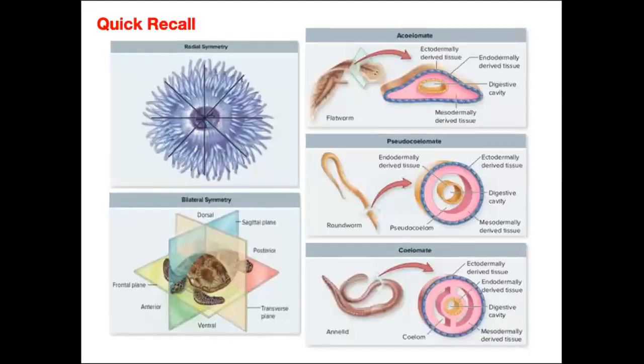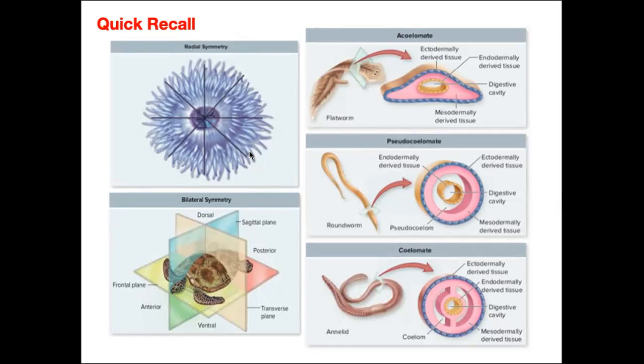So yung first part ng lesson natin on animal diversity, we talk about the salient features of animals. So dapat alam na natin yung pinagkaiba ng radial versus bilateral symmetry. Okay? Radially symmetrical animals, say for example, yung sea anemone natin dito, these are animals that can be bisected into equal halves by any longitudinal plane that passes through the central axis.